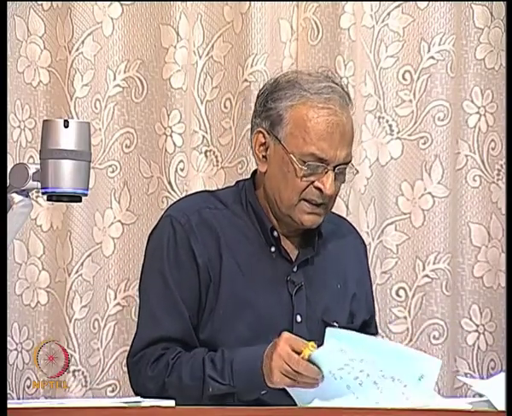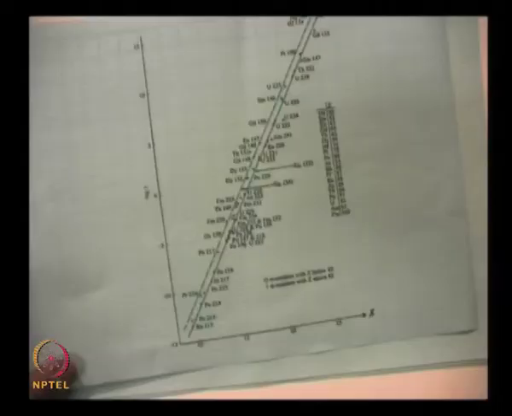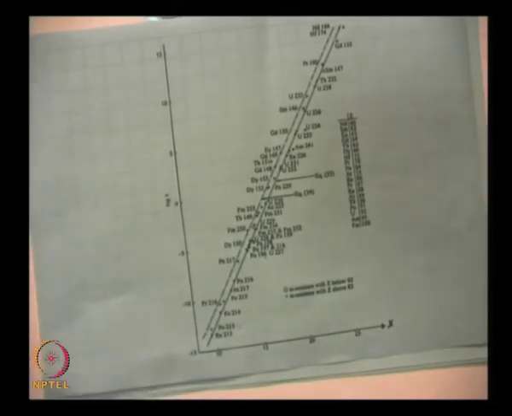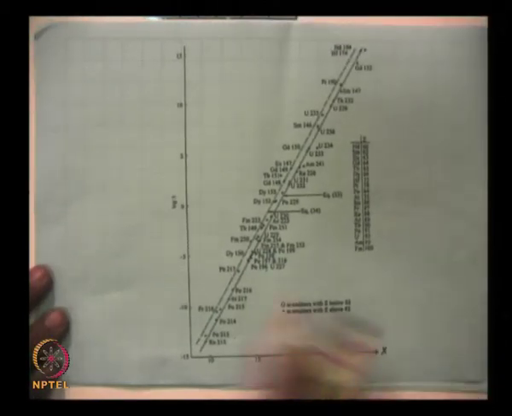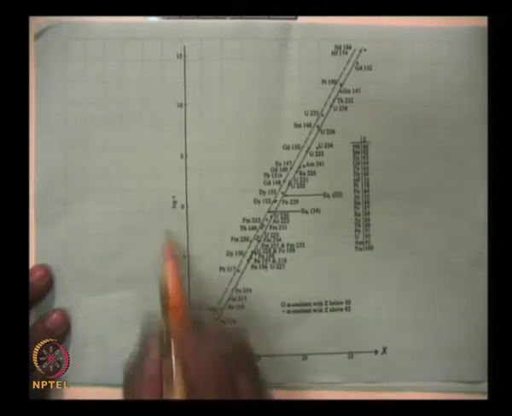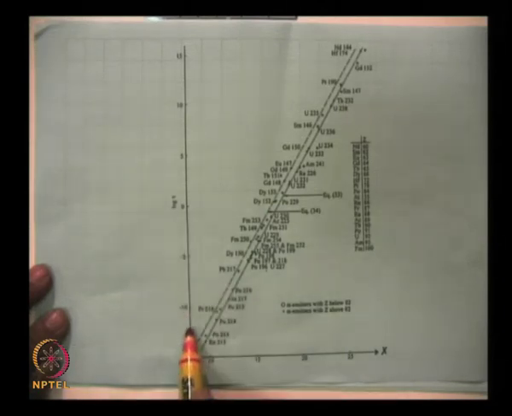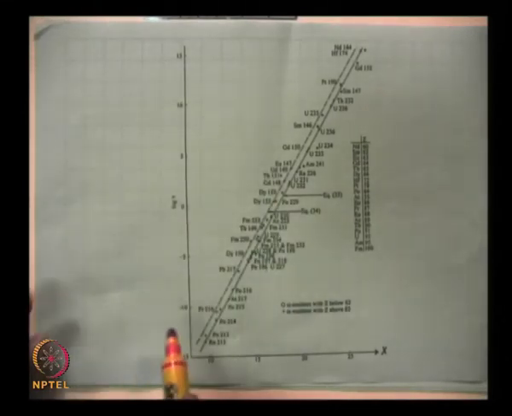And I had a slide, I am getting mixed up with all my slides, that this is the experimental variation of the lifetime, where tau is measured in years. The vertical scale, this is also given in my book, is tau measured in years, and log tau goes from minus 10 to plus 10, something like a fraction of a second to billions of years.